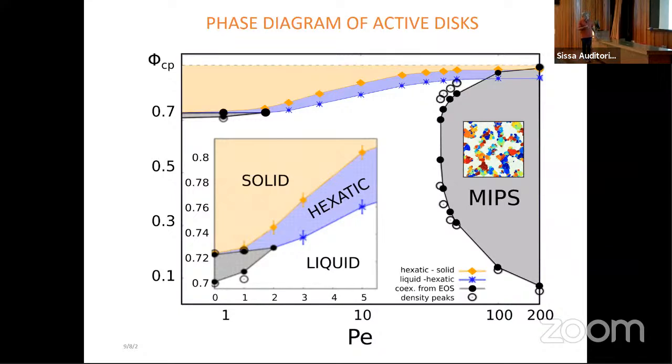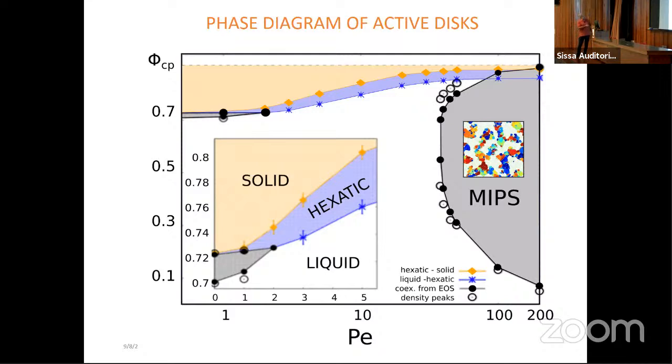And what we did was to study the other part. You see that at Peclet 0, this is an enlargement in the inset of what happens. At Peclet 0, we have the solid. Then we have a very tiny region of exotic. Then we have coexistence between liquid and exotic, and then liquid, that means disordered.